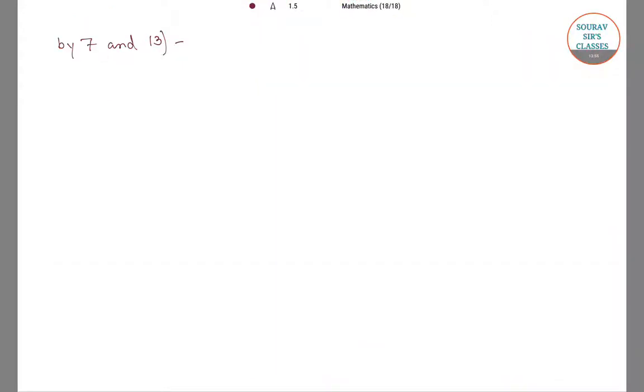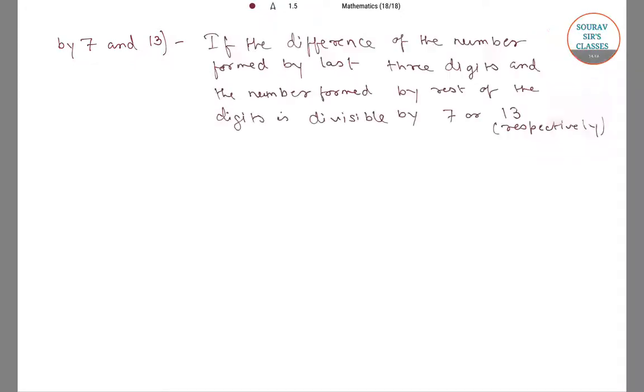If the difference between the number formed by the last 3 digits and the number formed by the rest of the digits is divisible by 7 or 13, then the number is said to be divisible by 7 or 13 respectively. For example, let us take the number 76104.